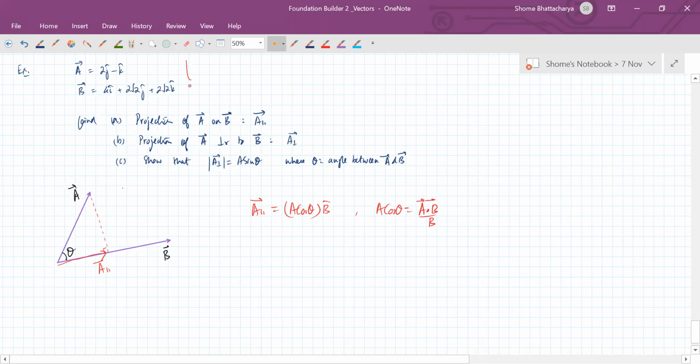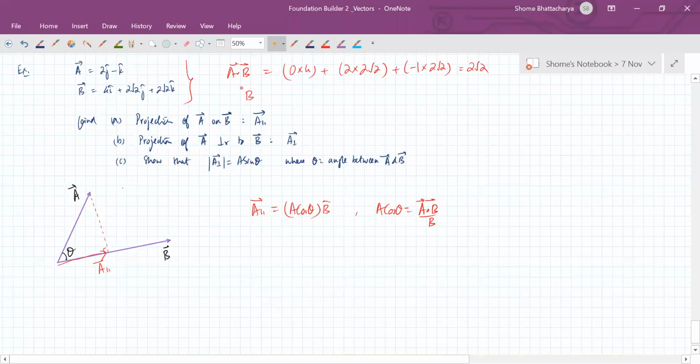So now from this let us calculate what is A dot B first of all. So A dot B is 0 into 4, that is AX BX, plus AY into BY, plus AZ into BZ. So that is 2 root 2. Okay.